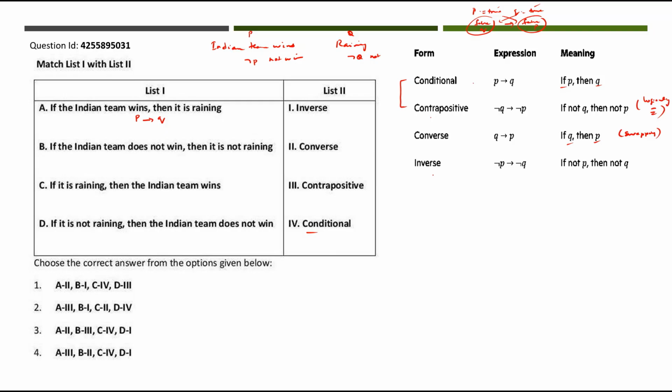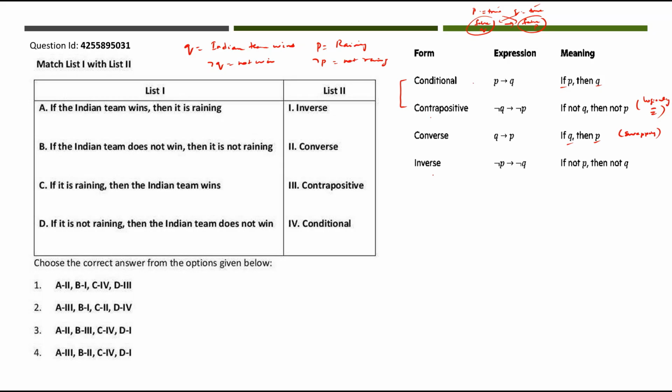Is A4 available here? No. Which states that our choice of selection of clauses is wrong. Indian team wins becomes Q and it is raining becomes P. So negation of Q will be not winning and negation of P will be not raining.